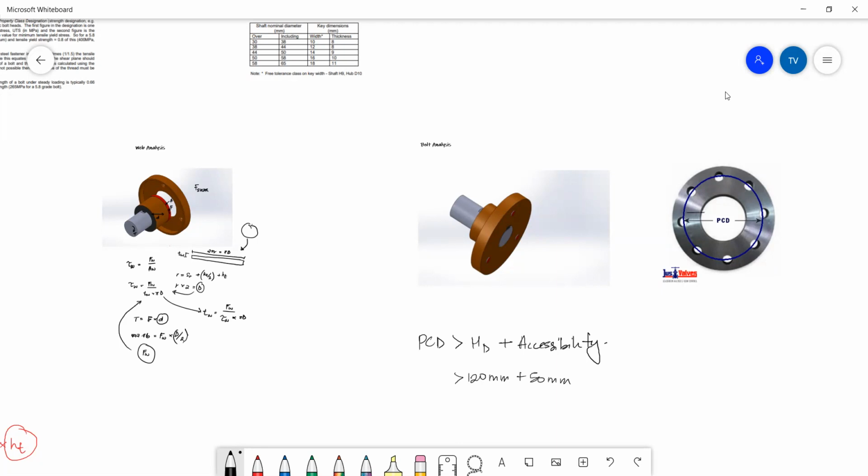Let's say we add 50 millimeters this side and 50 millimeters this side, so that we can access the bolts. This is the hub here, and this is the distance from the hub to the center of the bolts. So 50 on either side. So now our PCD is about 220 millimeters. Let's just say that. This is an assumption. And it's all based on your own common sense and what you think is reasonable.